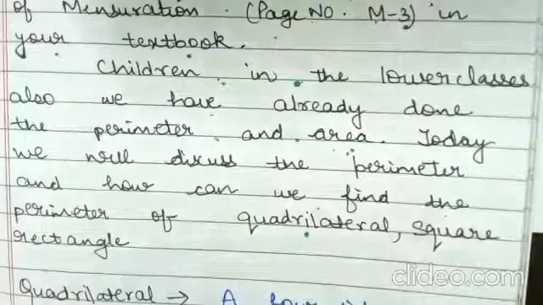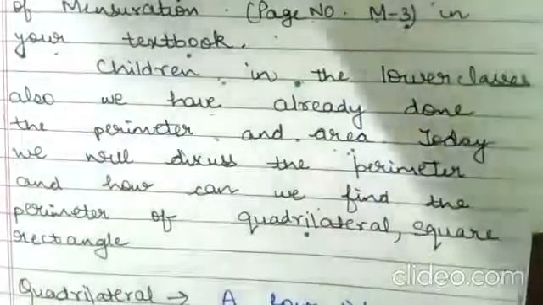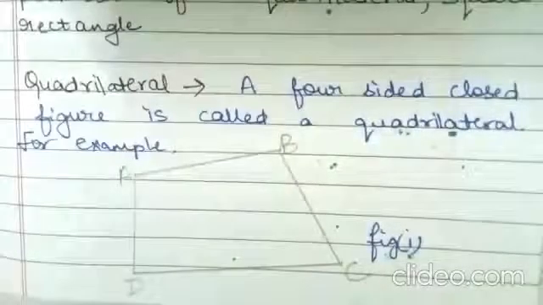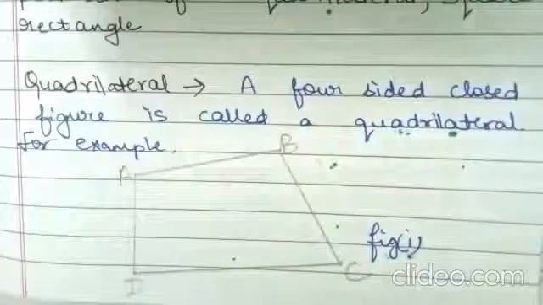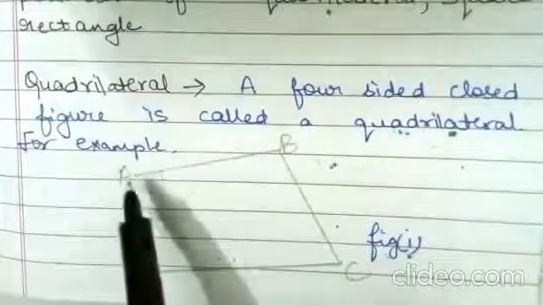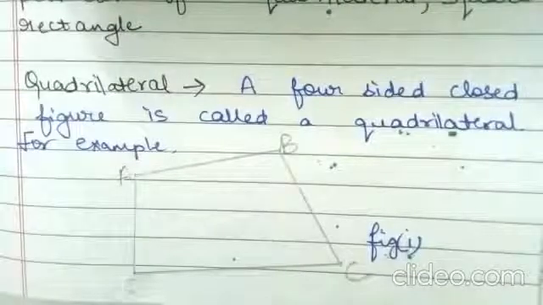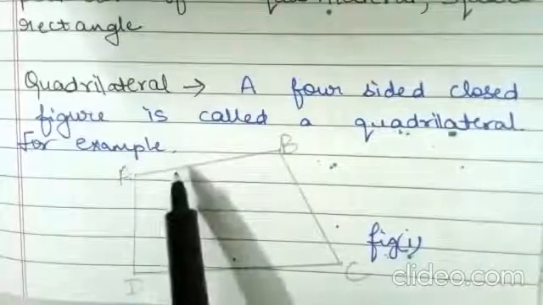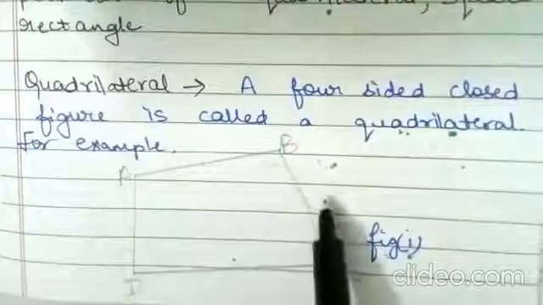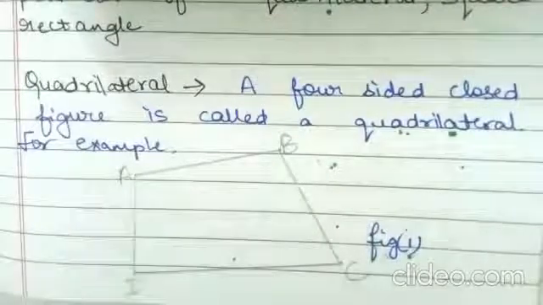So let us start. First of all, what is a quadrilateral? This is a four-sided figure. Four sides, 1, 2, 3, 4.